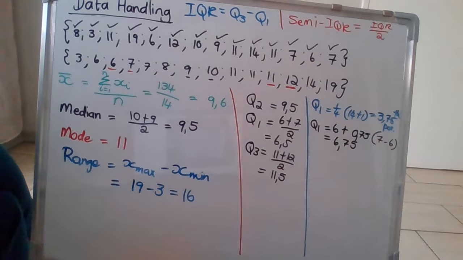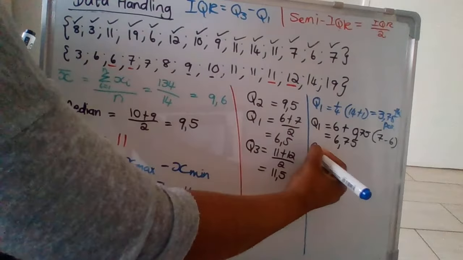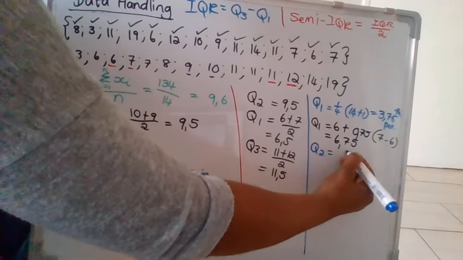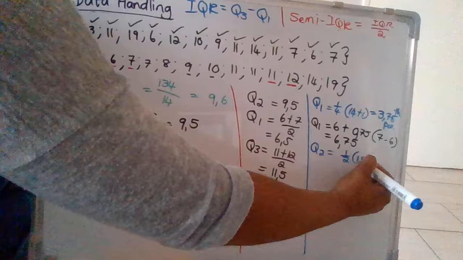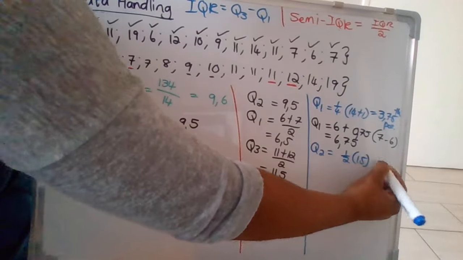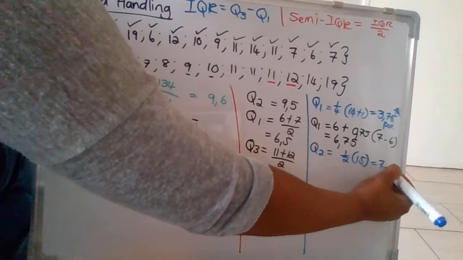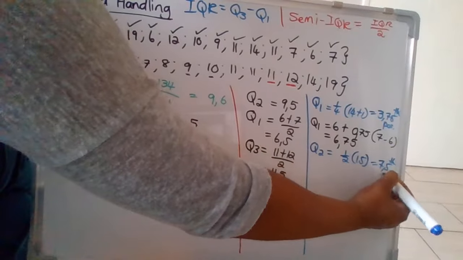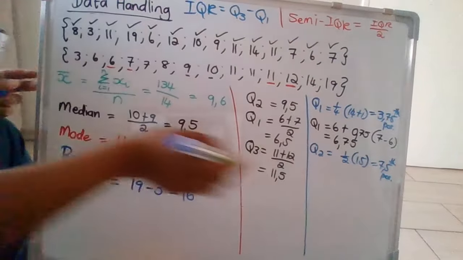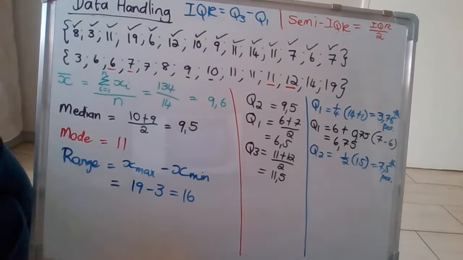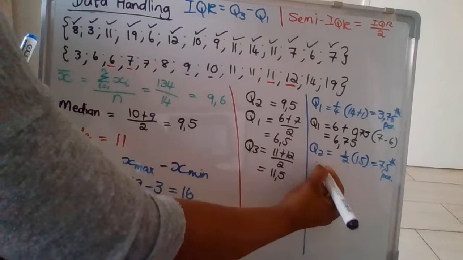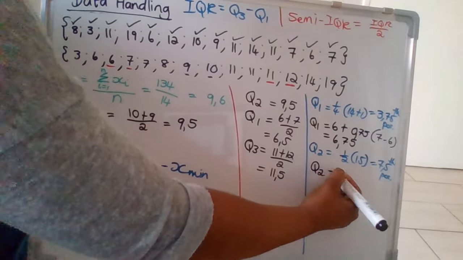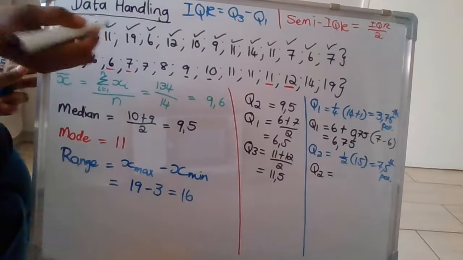Then, how do I find my Q2? So Q2, the position again, it's a half of 15. So this tells me it lies in between the 7th and the 8th position. So therefore, Q2, my median, I take the value that's in the 7th position.